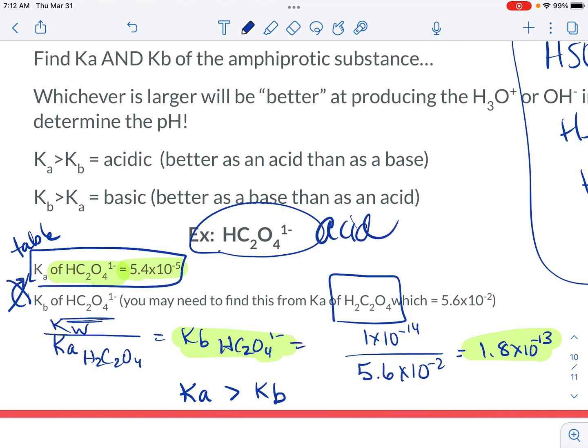It's more likely that when you put it in water, it will transfer the hydrogen to water than accept the hydrogen from water. So those are what the values mean. And when it transfers that hydrogen to water, it's going to form the hydronium ion. So at this point we would have an acidic pH from that ion.